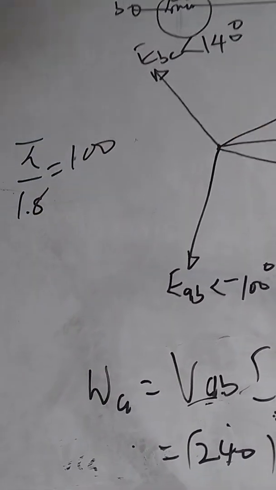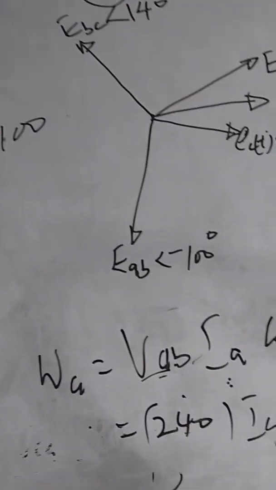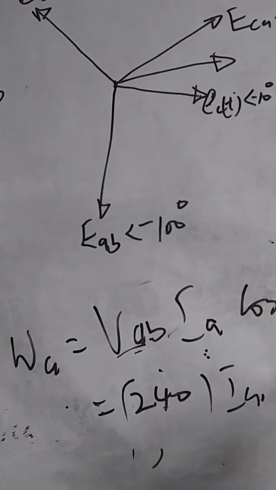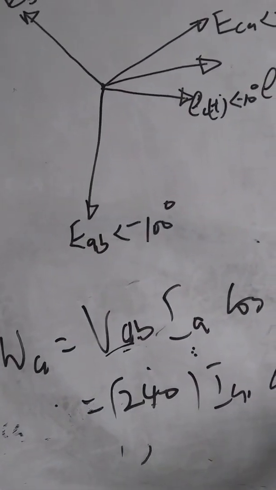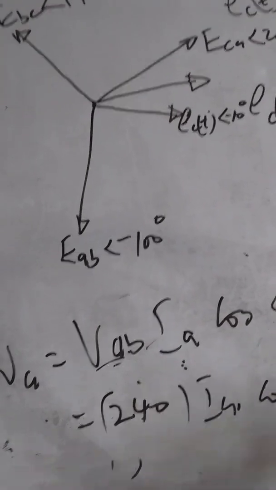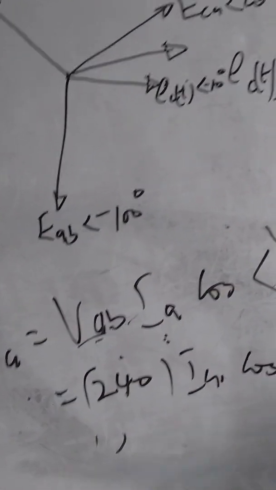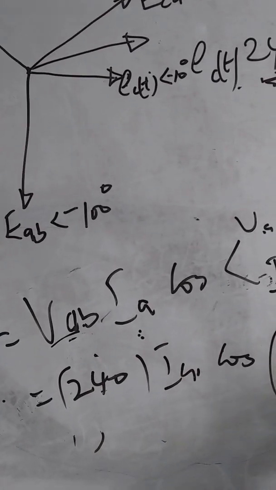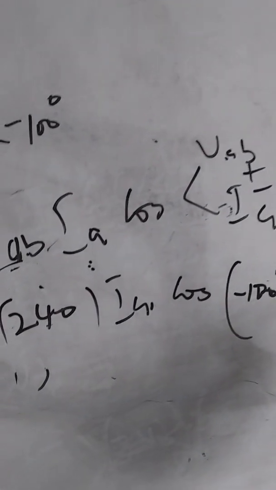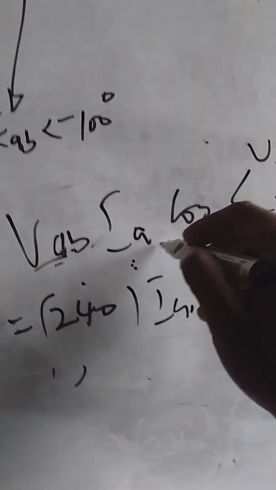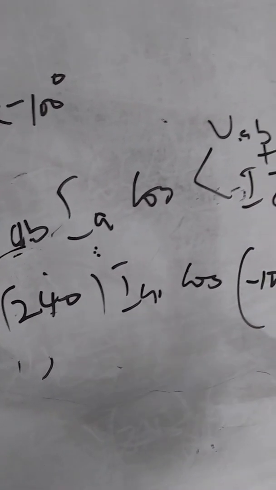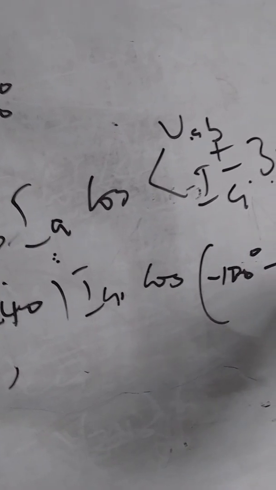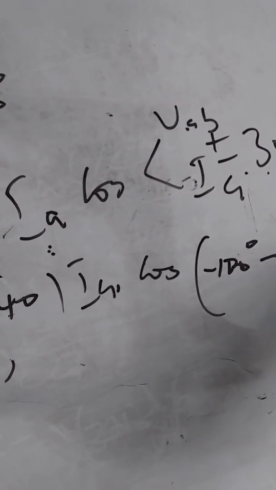If you want to determine the wattmeter reading in all the three, you just have to find it in this form, then cos whatever angle between VAB, which is minus 100 degree, minus the angle of the current that you have, right? Then whatever the angle of the current that you have, which is for the IA, let's say our IA is minus 170.93 degrees, right?